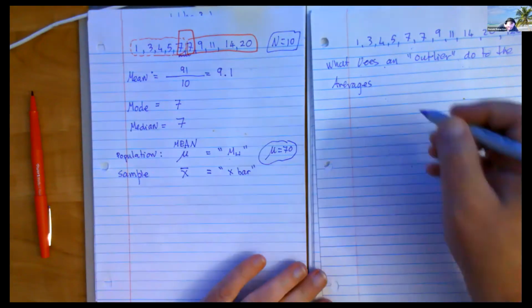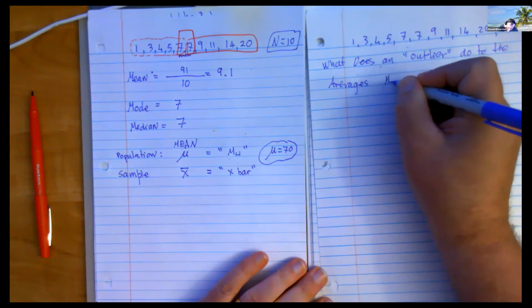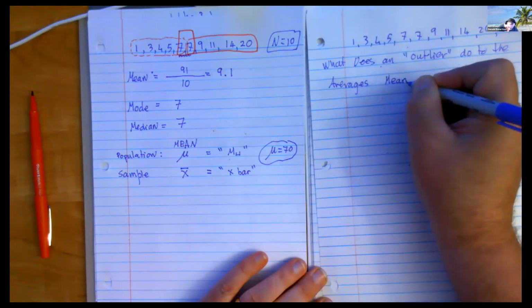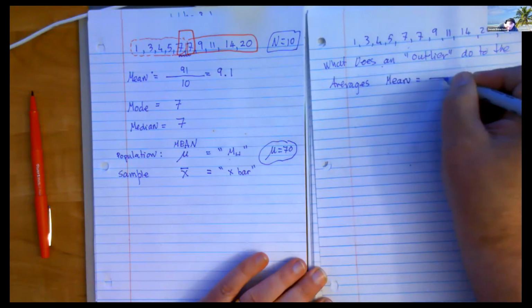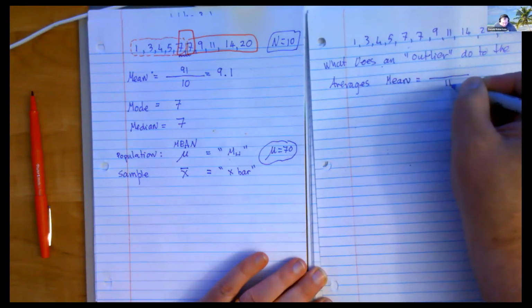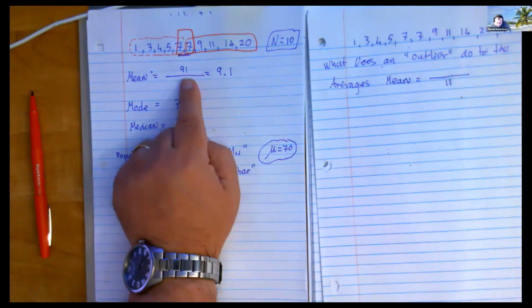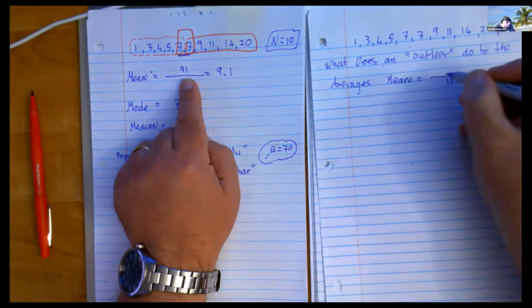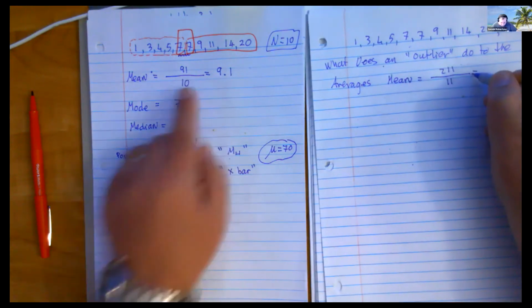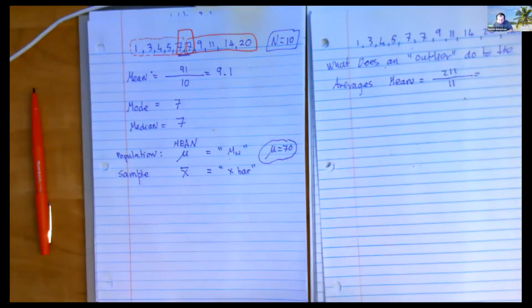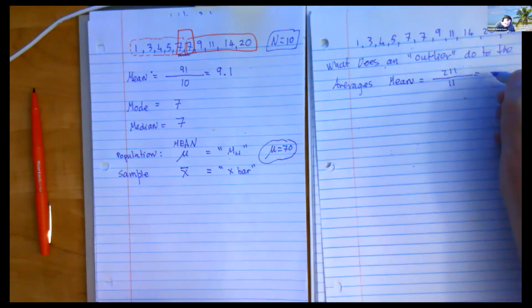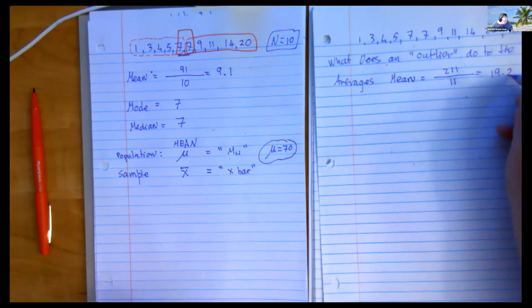Let's see what happens now. Well, if you add up all 11 numbers, you will get 211. And you divide by the 11 numbers. And the mean has now grown to 19.2.